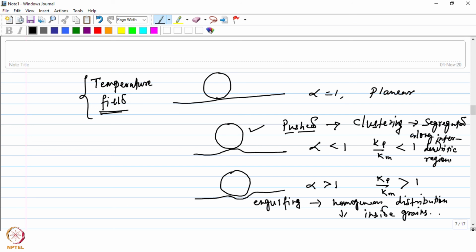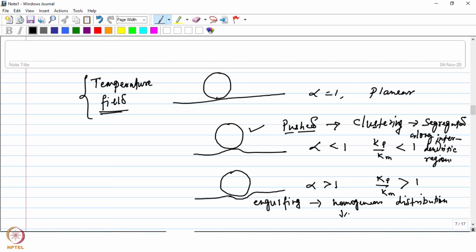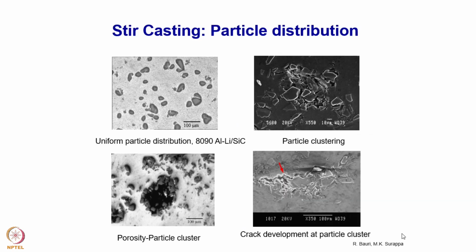Okay, so let me show you how the particle distributions look like and what is their effect on the composite properties. So these are some micrographs taken from aluminium lithium silicon carbide composites.